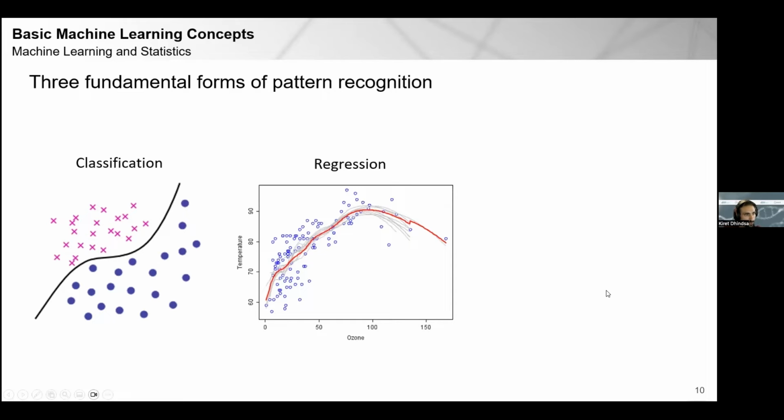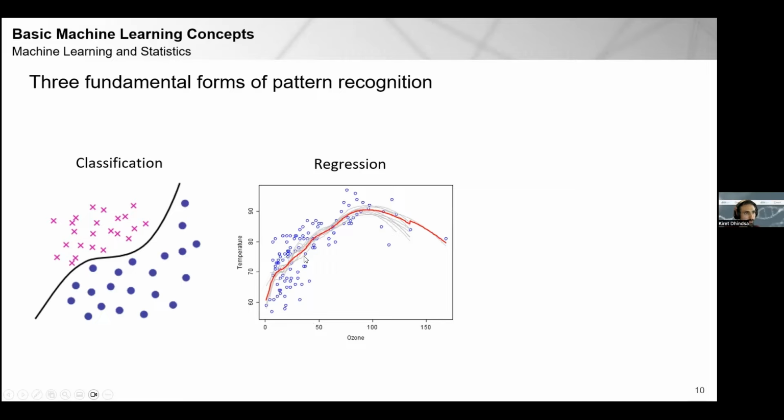Regression. I think most of you are quite familiar with regression. You have, of course, your cluster of data. And what we're interested in is the relationship between our input space and the target variable, whatever that is.